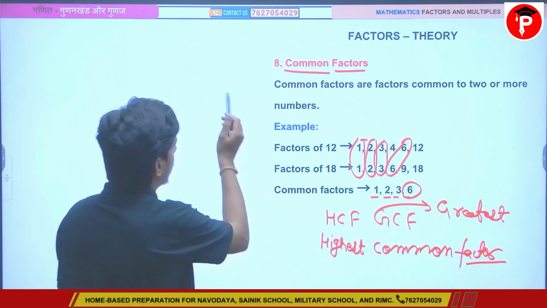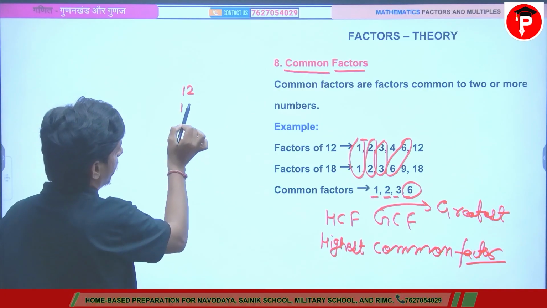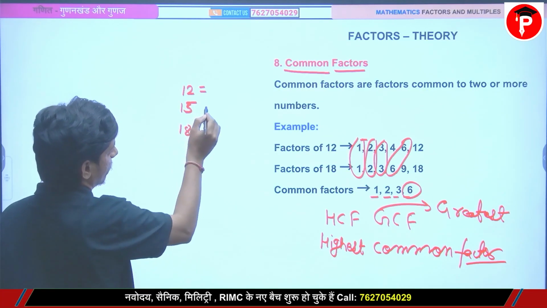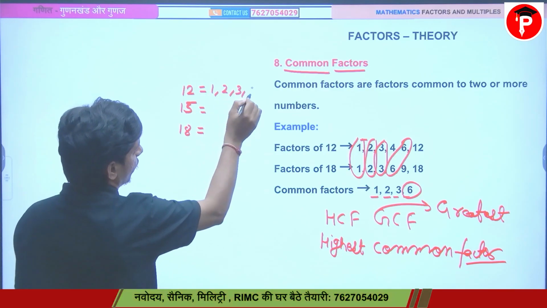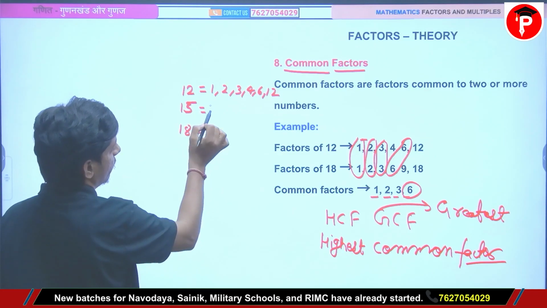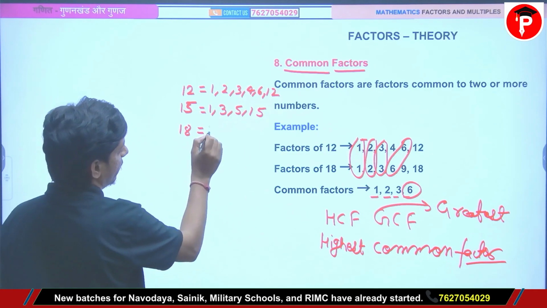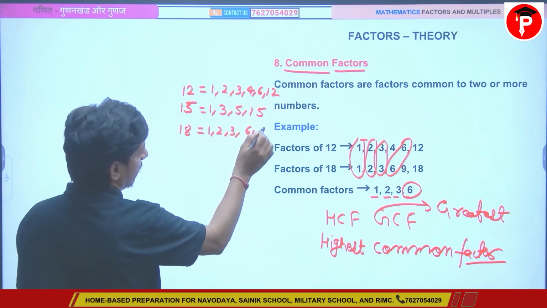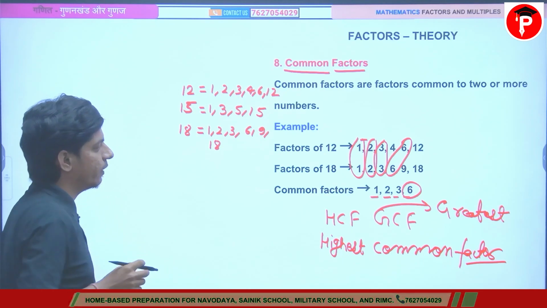Okay. If you want to compare the numbers 12, 15 and 18: the factors of 12 are 1, 2, 3, 4, 6, 12. Factors of 15 are 1, 3, 5, 15. Factors of 18 are 1, 2, 3, 6, 9 and 18.